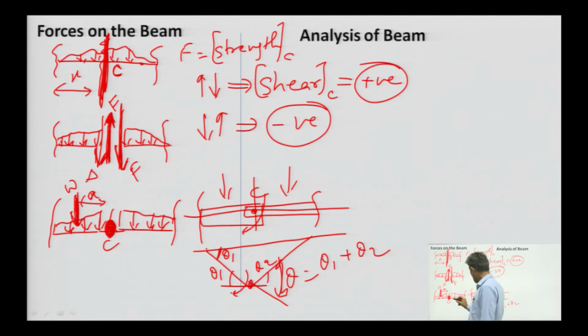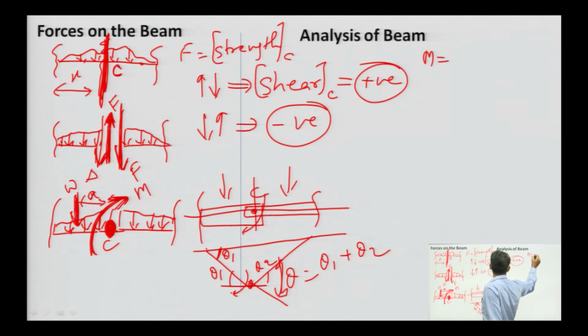At this point, there must be some bending strength, say I am writing it as M. So, M here is what?